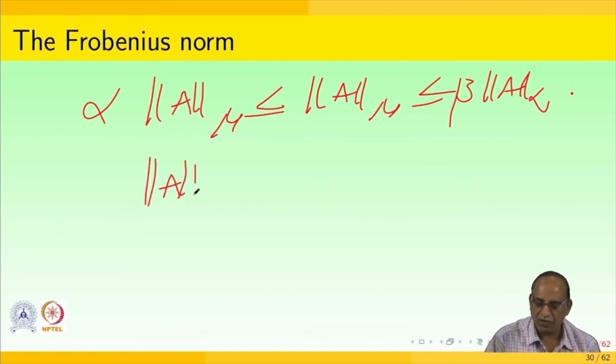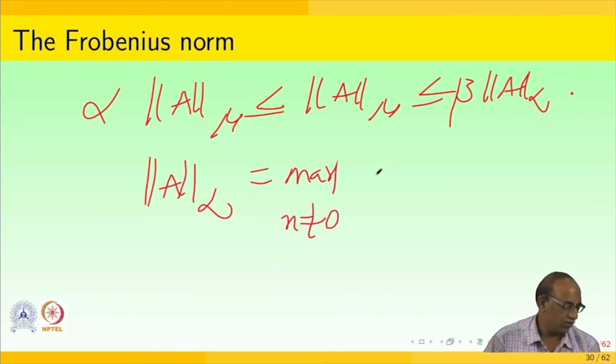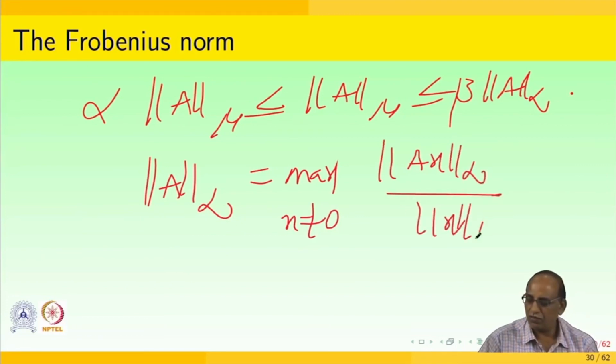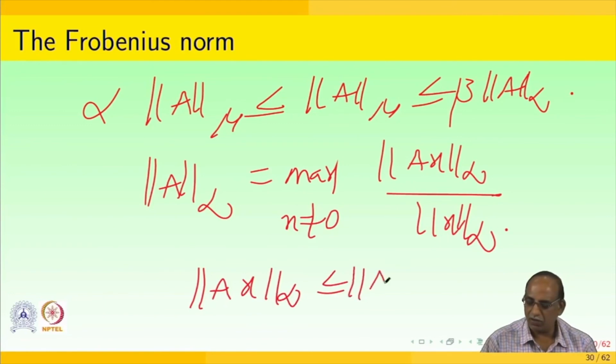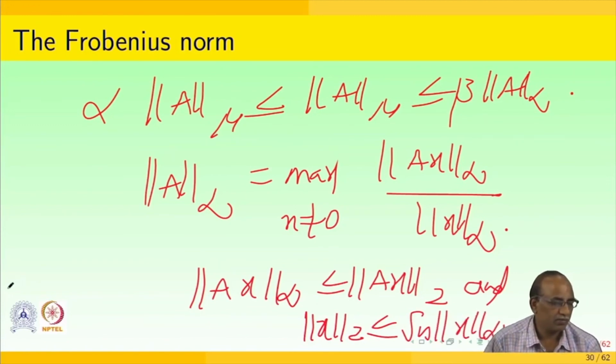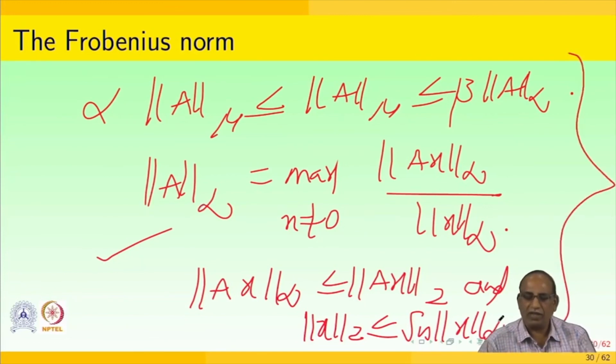For example, the infinity norm of A can be written as the maximum over x not equal to 0 of the norm of Ax in infinity upon the norm of x in infinity. Also, the infinity norm of x is less than or equal to the 2-norm of x, and the 2-norm of x is less than or equal to root n times the infinity norm of x. So these kinds of examples one can do.